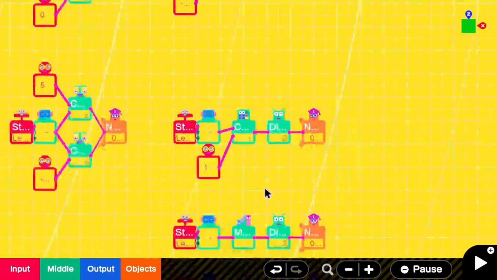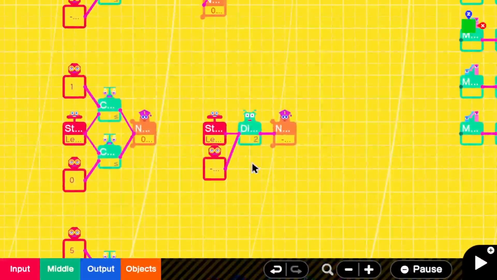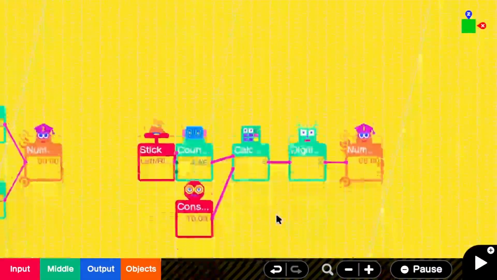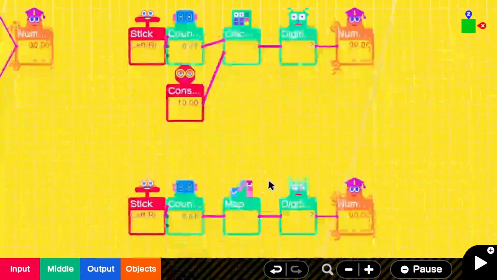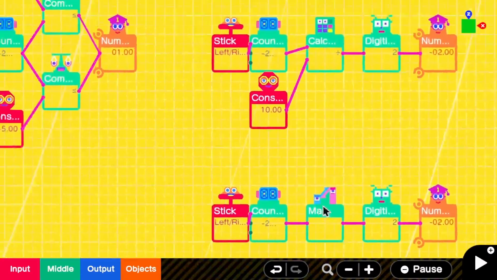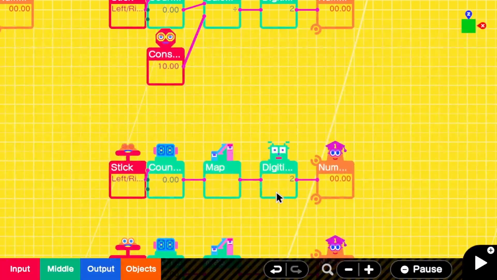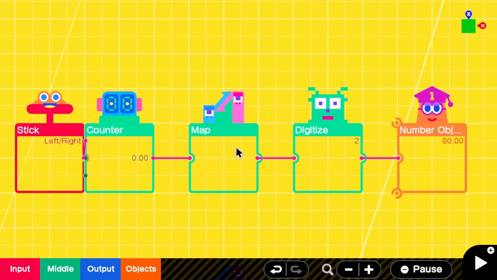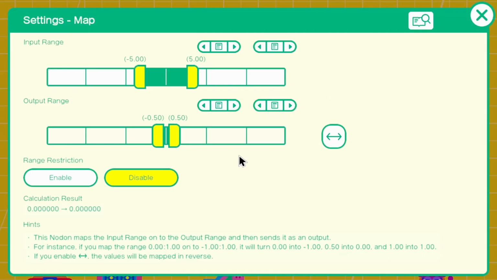And we can actually combine this offsetting here and the scaling here with just one map. So with one map, we can set this digitize nodon to detect basically any range that we want. To do that, all we need to do is grab our map here, set the output range to be negative 0.5 to 0.5, and our input range is all of the numbers that we want the digitize to output 0.